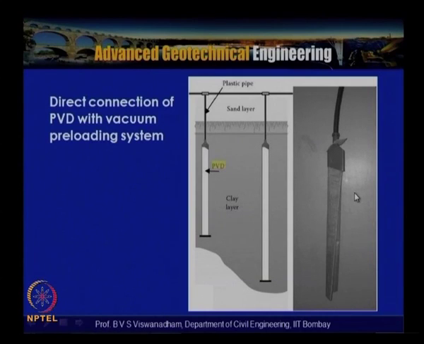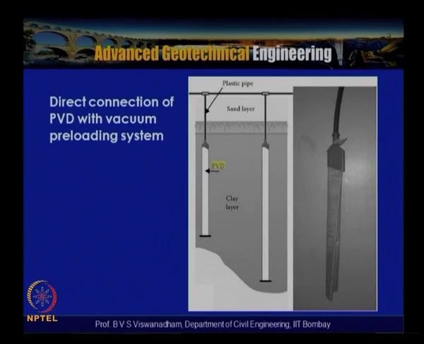In this arrangement, in the case of vacuum preloading, the PVDs have to drain the water as well as apply the suction uniformly. In this way this facilitates a better and more efficient system.